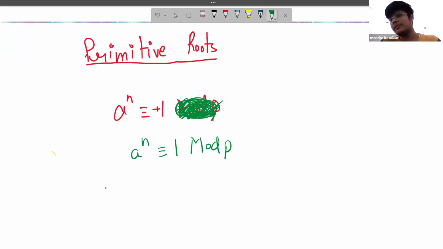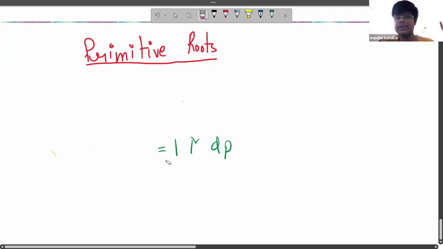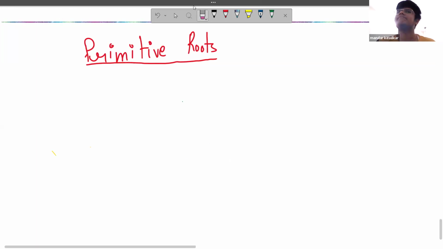Does everyone know what a primitive root of unity is? I don't think we should go into this discussion when we haven't even completed the intended things today. I'll get back to this fun part at the end. Let's just define a primitive root.